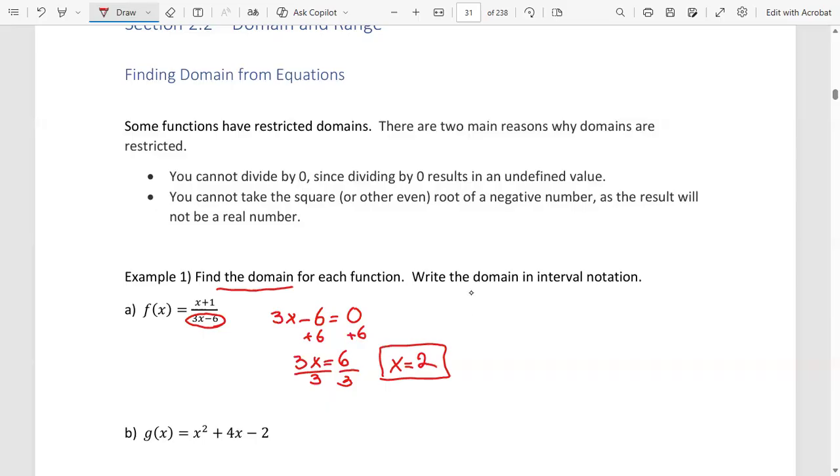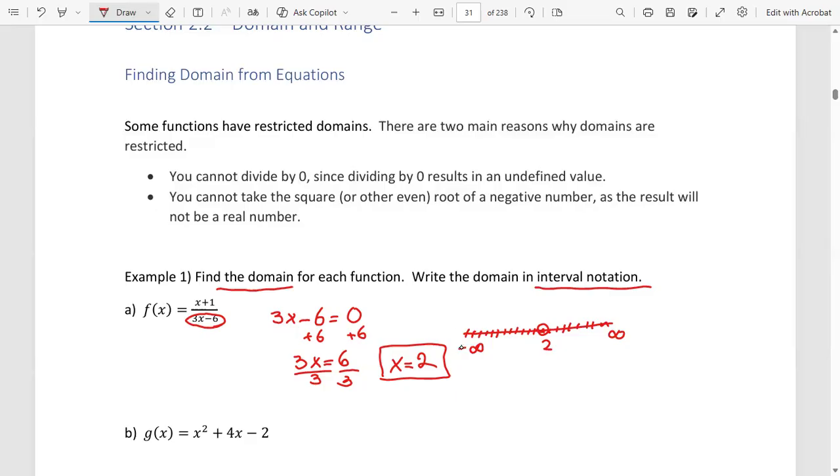So if I want to show the domain in interval notation, that means from negative infinity to positive infinity, if 2 is over here, I can replace all these numbers and all these numbers except 2. So I have to exclude 2 out of all real numbers. That's why I have to write it as 2 separate intervals. One interval for the numbers less than 2 and one interval for the numbers that are more than 2.